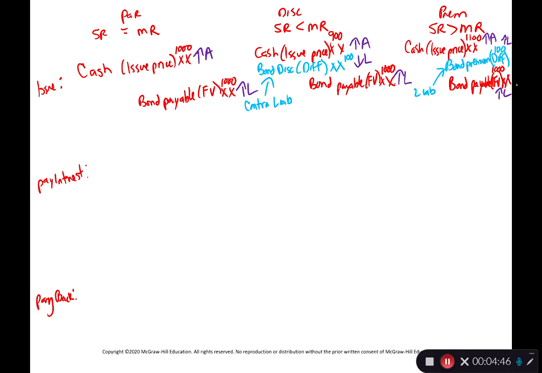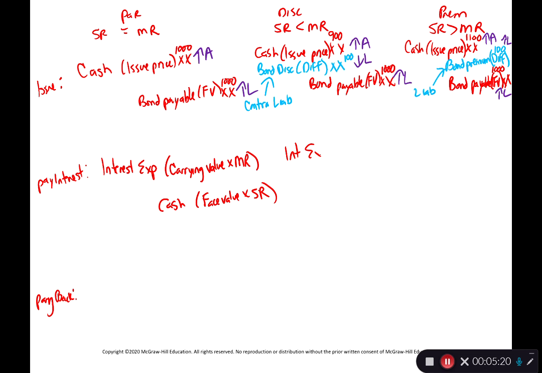When we pay interest, we're going to debit interest expense by the carrying value of the bond, which we'll talk about what that is in a little while, times the market rate. And we're going to credit cash for the face value of the bond times the stated rate. So I'm going to do that 3 times.